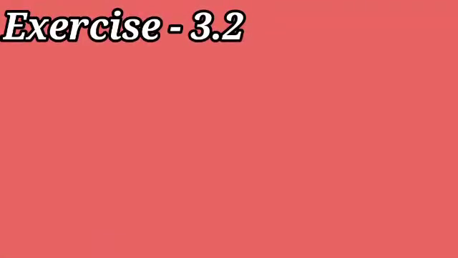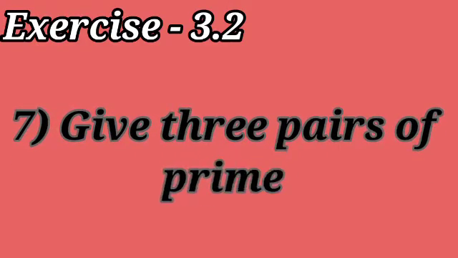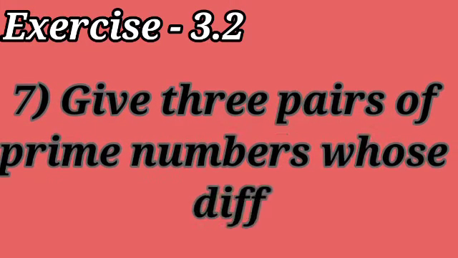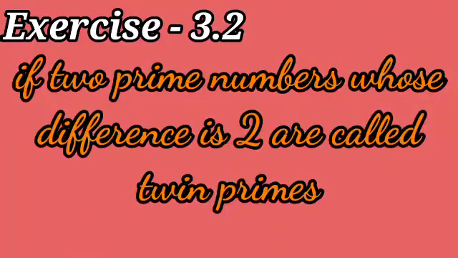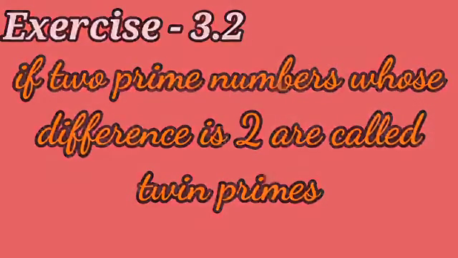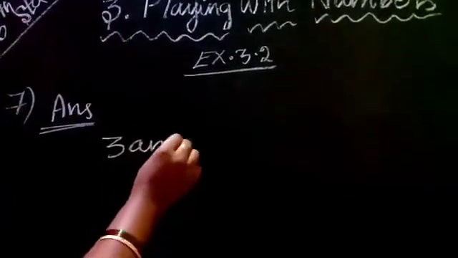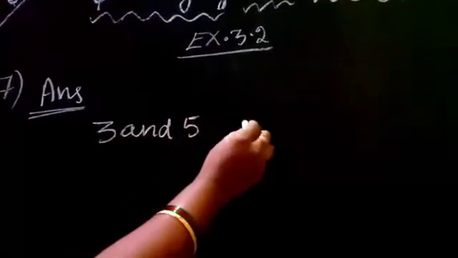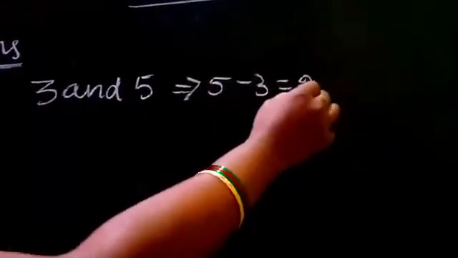Exercise 3.2 in Playing with Numbers. The 7th question is, give 3 pairs of prime numbers whose difference is 2. Two prime numbers whose difference is 2 are called twin primes. 3 and 5, because 5 minus 3 is 2.